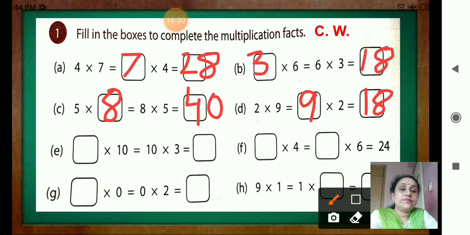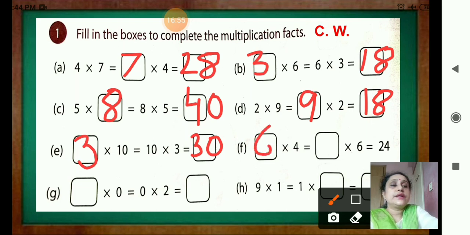Now E, what will you write in this blank space? Multiplied by 10 equal to 10 threes are, we have to write here 3. 3 tens are equal to 10 threes are what? How much? 30. Now F, look what number you have to write here. Can you write? 6 fours are, yes, and here 4 6 are 24.